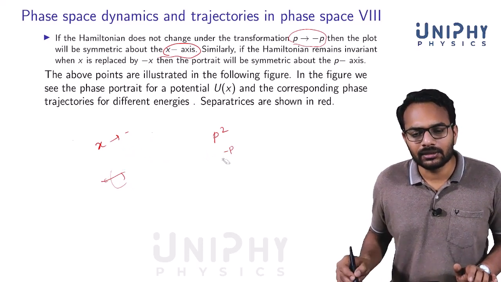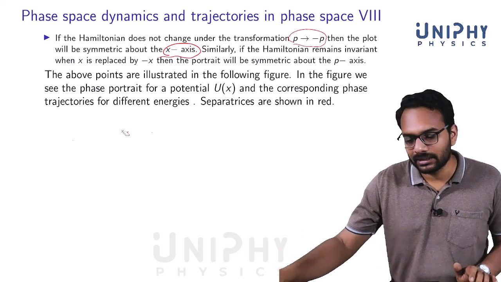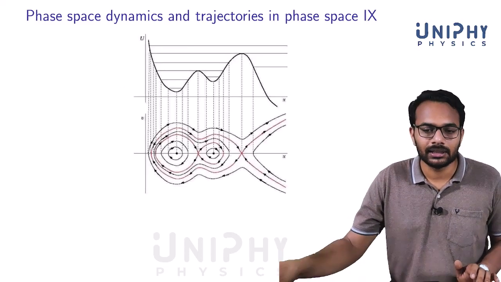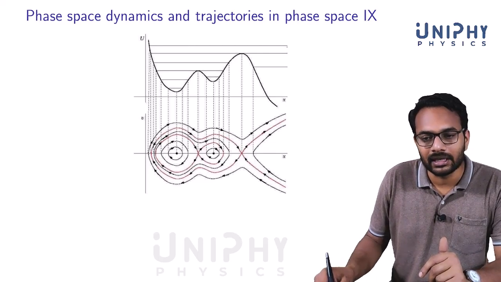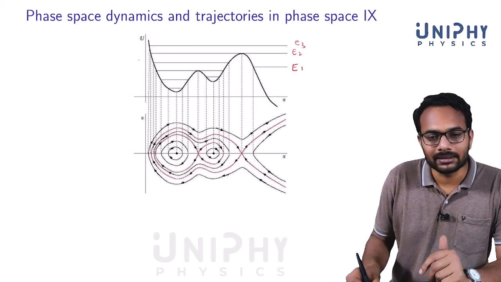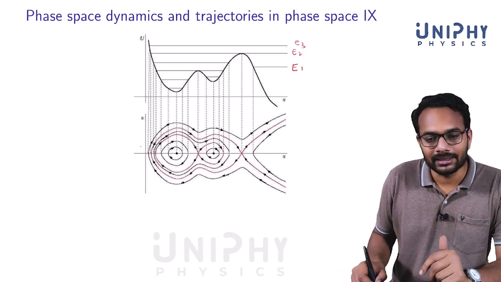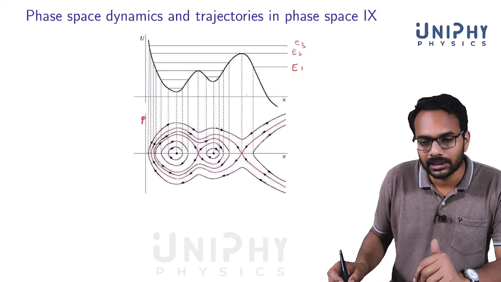Now let's look at a general example. Some of the points are illustrated here. This is the potential energy curve that we have. These are the energy lines, E1, E2, E3, etc. This is U versus x, and this is v versus x. It also could be p versus x, it doesn't matter.